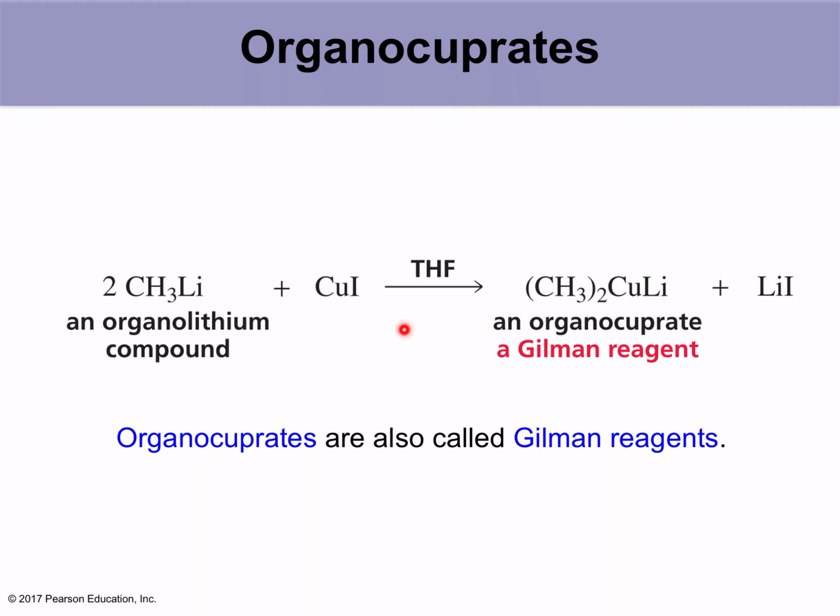So a transmetallation will take place. We have to start with 2 alkyl lithium, so 2 of these alkyl groups will be attached to the copper. They were on the lithium before, now they go to the copper, along with lithium. We call it an organocuprate or a Gilman reagent.